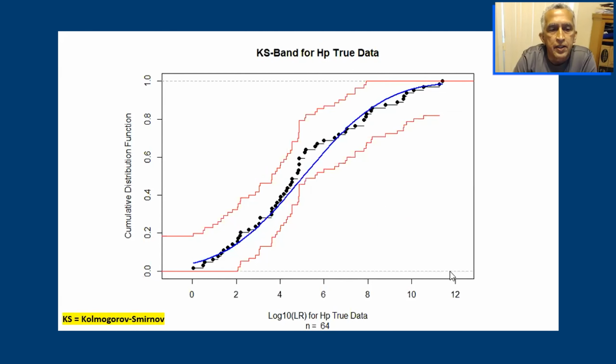So the cumulative distribution function associated with the fitted density, we check and see that it falls in the Kolmogorov-Smirnov band. And the black dots are the empirical cumulative distribution function. So here we conclude, yes, this is not an unreasonable model.